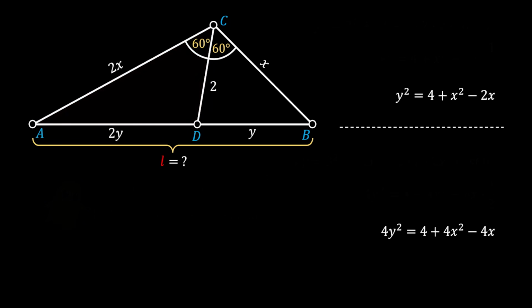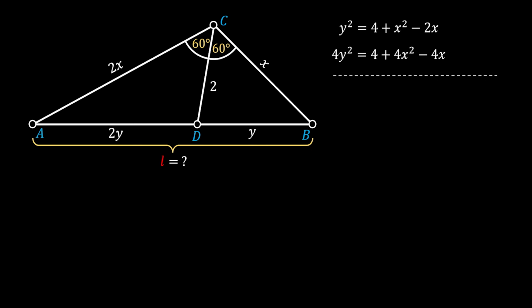Now we're going to simplify our sketch and we're going to save our two equations, and we're just going to solve them by using the system of equations. I know that this maybe looks a little bit terrifying, but actually it's quite simple. We're just going to multiply the first equation by 4 and get the following.